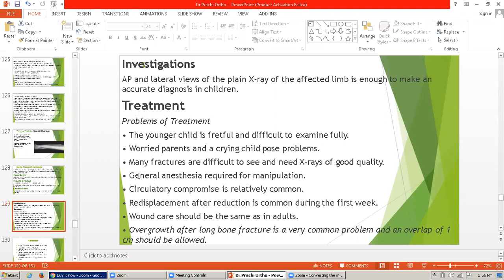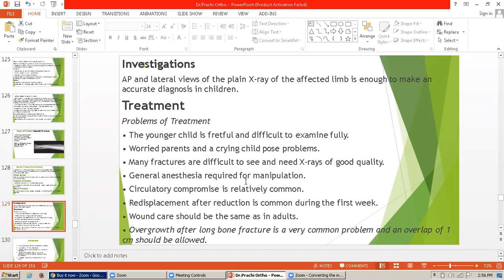Treatment: the problems of treatment are that the younger child is fretful and difficult to examine fully. Worried parents and a crying child pose a problem. Many fractures are difficult to see and need X-ray of good quality.